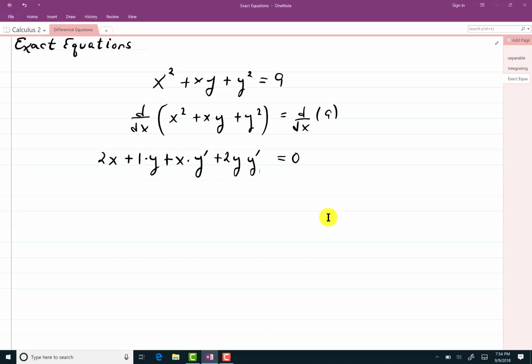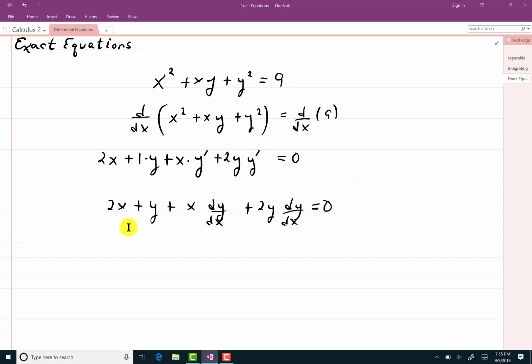So this is typically something you would do. I'm going to switch my notation to 2x plus y plus x times dy over dx. Instead of y prime, I'm going to use dy over dx plus 2y times dy over dx. And that's equal to 0.